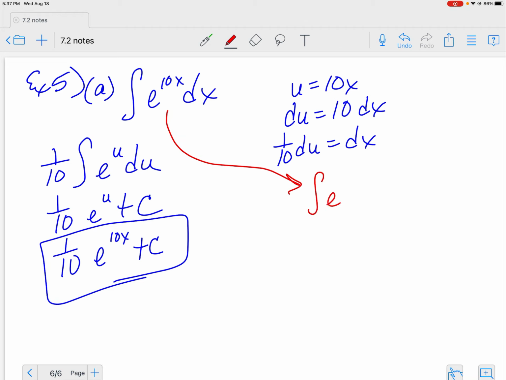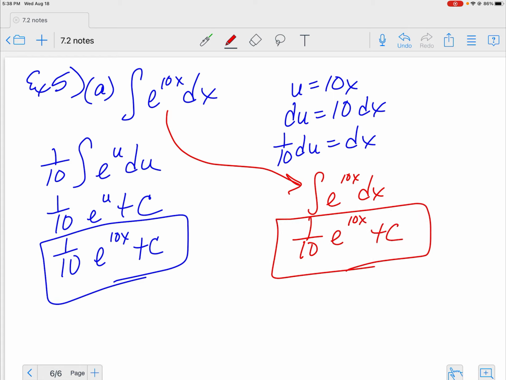If you have this integral of e to the 10x dx, as soon as you know your du is equal to your dx and you just have this 10 up here, we're basically just doing the reverse chain rule. Instead of multiplying by 10, we divide by that 10. So I really have 1/10 e to the 10x plus c.